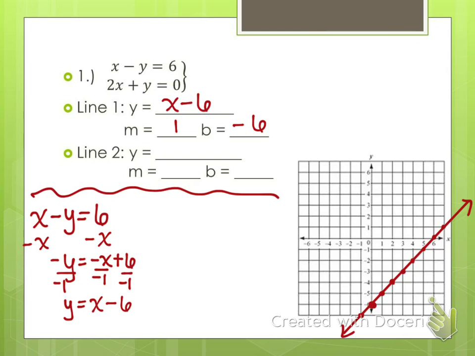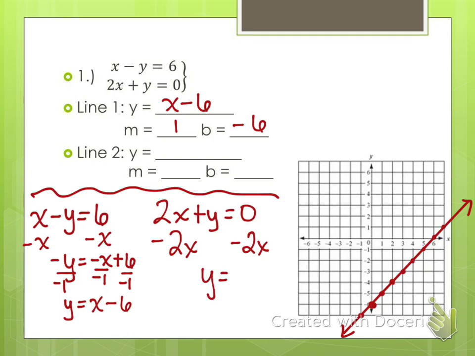Line 2 right now is 2x plus y equals 0. This one's actually easier to get into slope-intercept form. What do I need to do? How am I going to get y by itself, Tariana? Good. Subtract 2x on both sides.